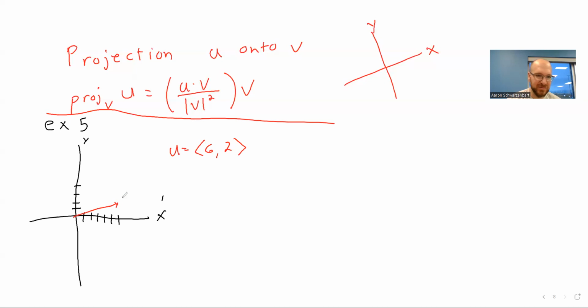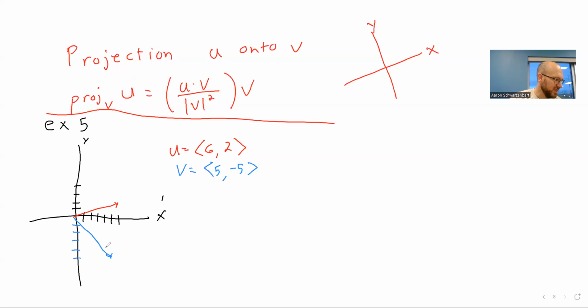That is U. Vector V is equal to 5, -5. That's going down here. And that's V.